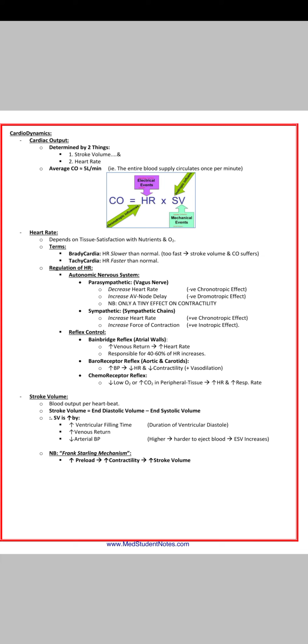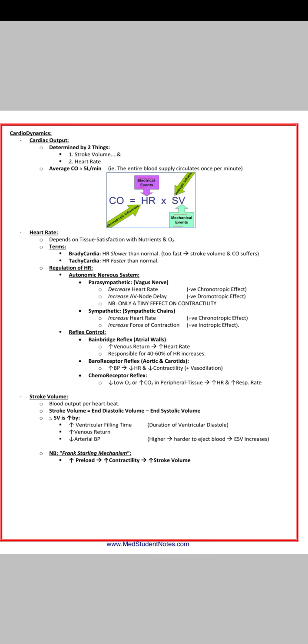So the preload also has an impact on stroke volume and heart rate. When the preload increases, the contraction increases, and the stroke volume increases. When the ventricular filling time or the preload increases, the stroke volume increases.